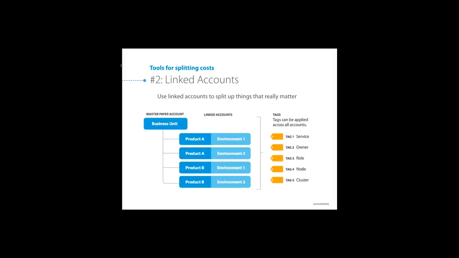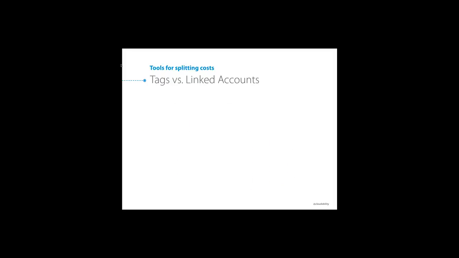So you might have a linked account for product A environment 1 and a separate linked account for product A environment 2. This gives you the clearest way to break things out. And then below that, there's generally a tagging structure that goes into much more detail, so they can cover things like service, role, node, cluster, etc.